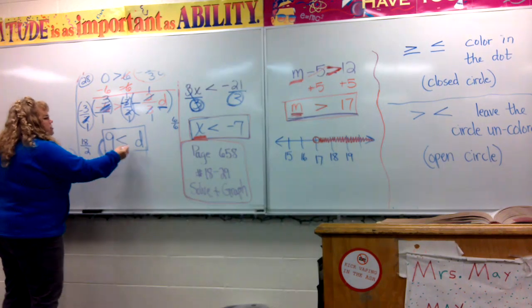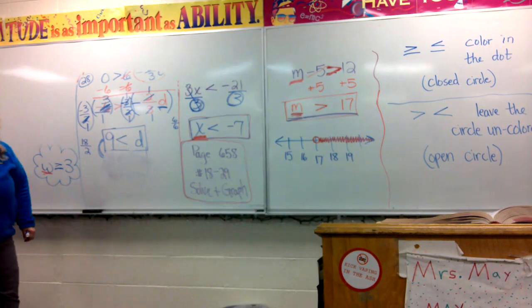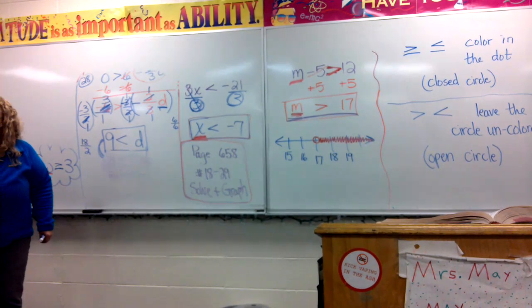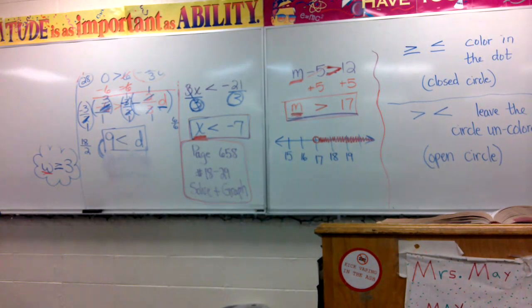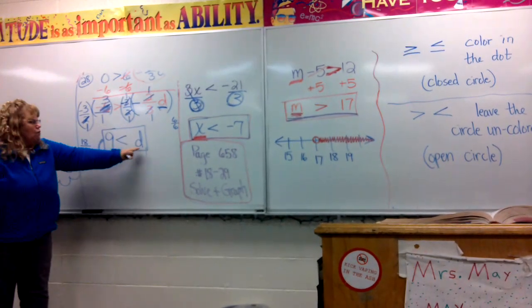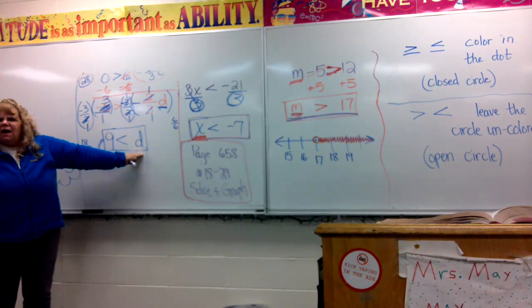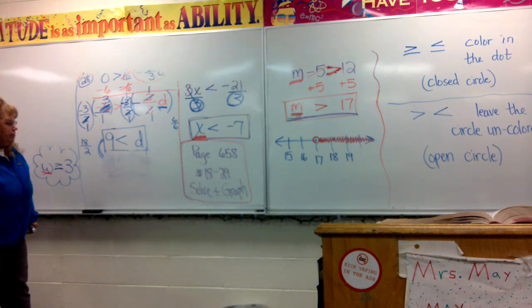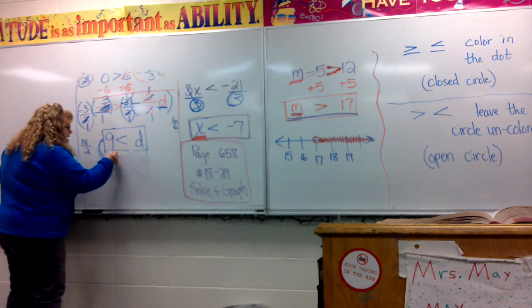If you work this out, you get 9 less than D, or 9 is less than D. Now, I don't like my variable on that side, so I can flip it.